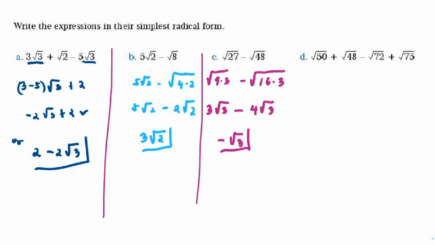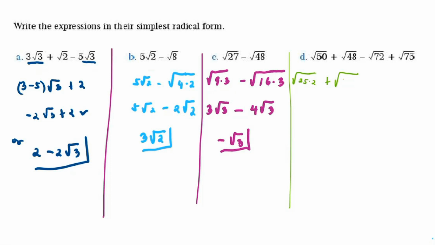All right. And for letter D, we have square root of 50 plus square root of 48 minus square root of 72 plus square root of 75. So all of these are not in the simplest form, in the simplest radical form. So now let's write square root of 50 can be written as 25 times 2. That's now 50 plus square root of 48.